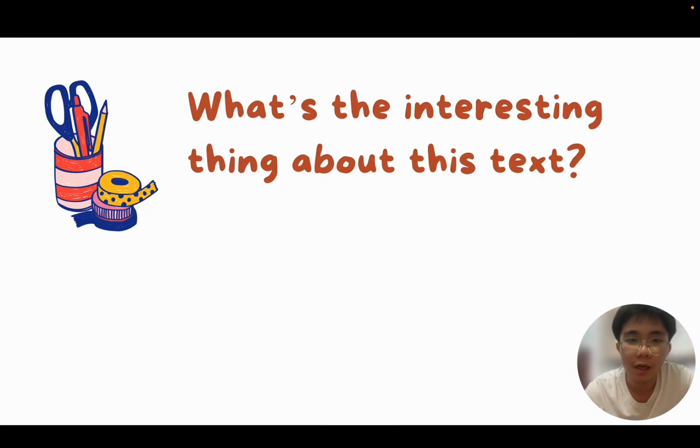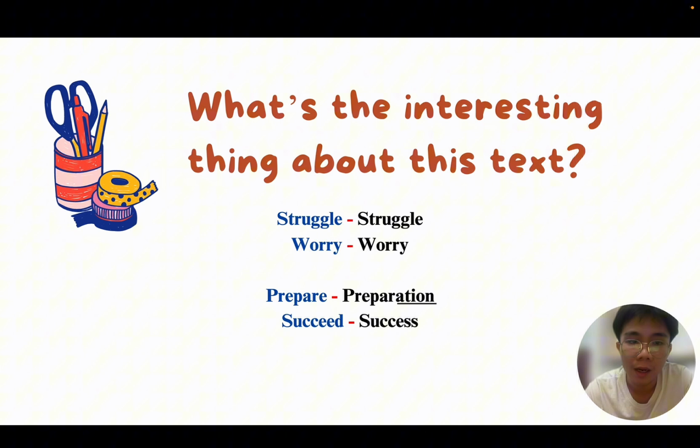Okay, so what are the relevant forms of the specific words? Okay, so we have struggle, worry, prepare, preparation, succeed, and success. Okay, so black stands for noun and blue stands for verb. So we have struggle, worry.